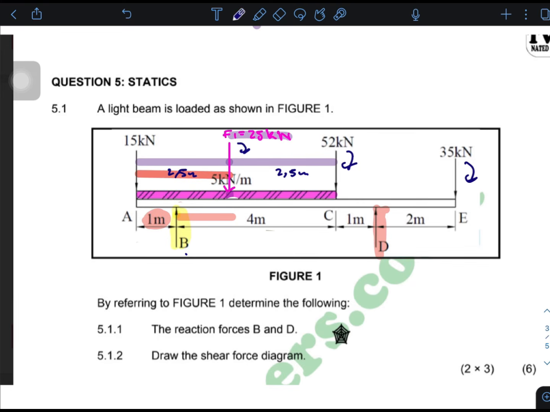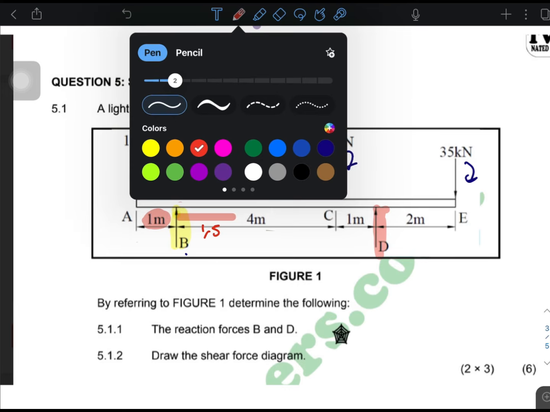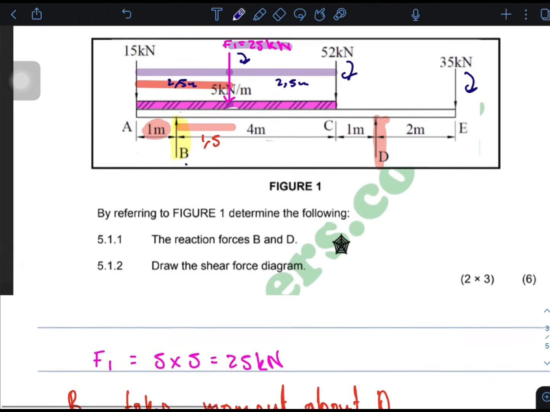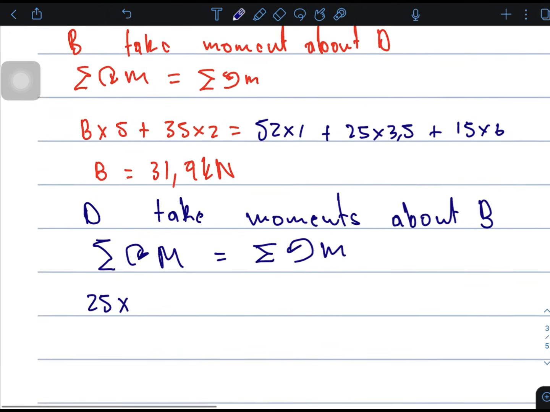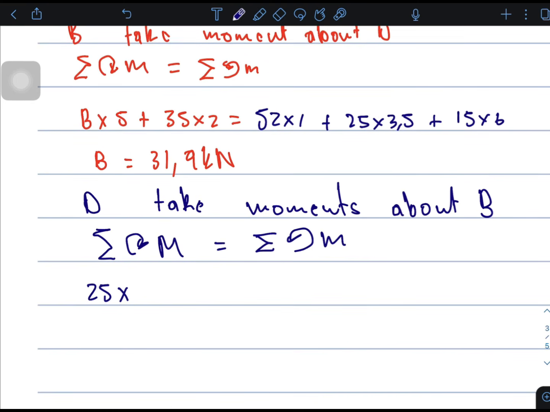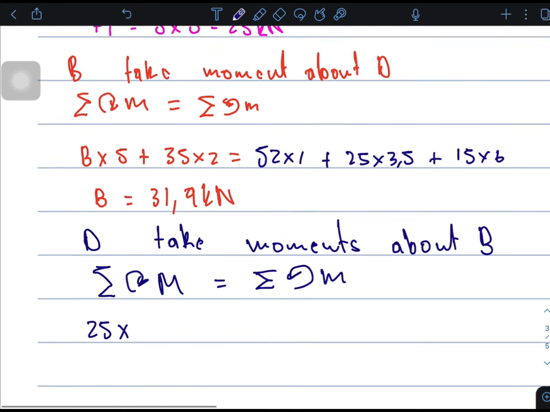So basically, that distance should be 1.5. Okay, you see, guys, I'm applying basics. I'm applying the basic that when I'm talking of a moment of a force, it is equal to the product of the force times the perpendicular distance from the turning point to the line of action of the force.